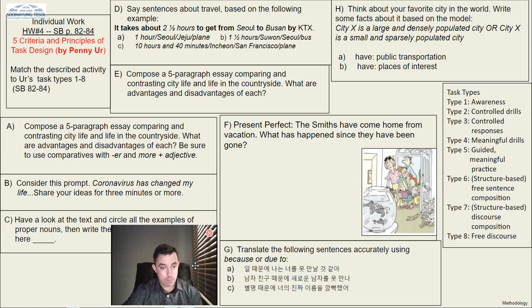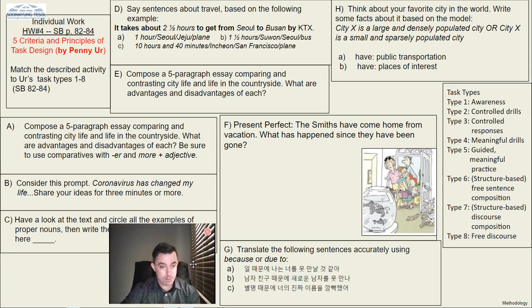Okay? And these task types, by the way, are important for us to know because it's important for you to know what you're asking students to do when you ask them to practice language, right? And this is also showing you that there's more than one way to practice language. It's not always fill in the blank.